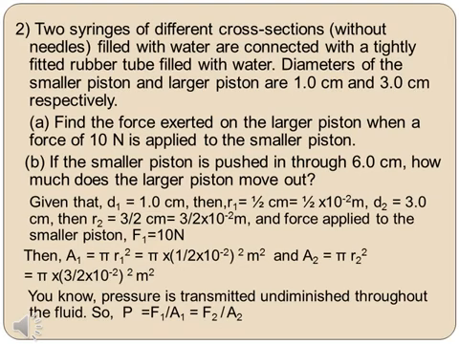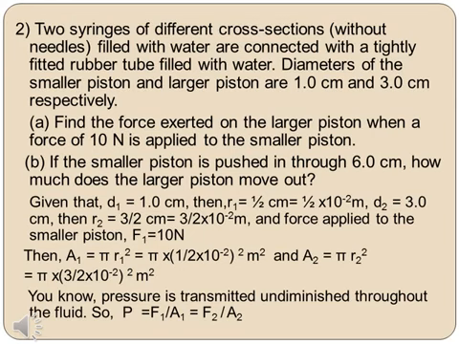Diameter of the smaller piston D1 is equal to 1.0 cm. Then its radius R1 is equal to 1 by 2 of diameter is equal to 1 by 2 cm. It is equal to 1 by 2 into 10 the power of minus 2 meter.